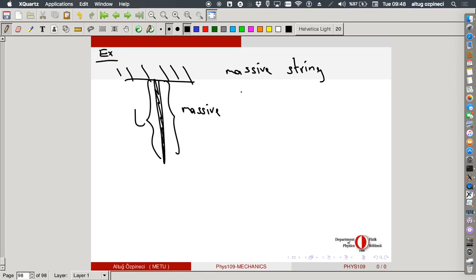Let's assume that its mass density is rho. What do I mean by mass density? Rho is equal to mass divided by length. It is the mass per unit length.